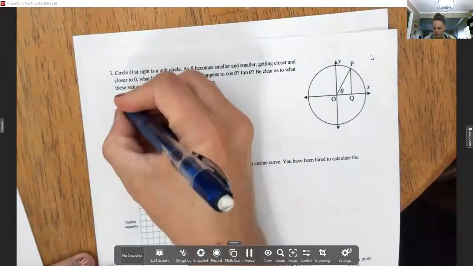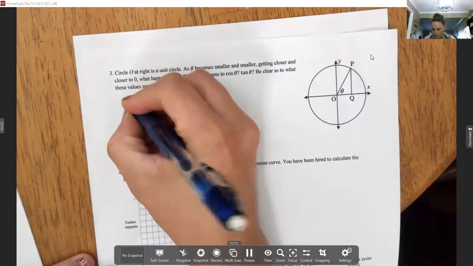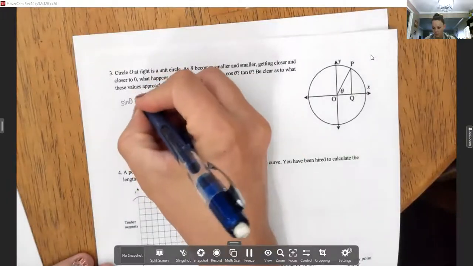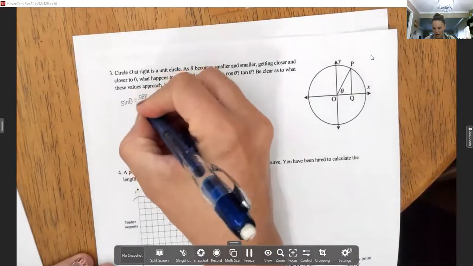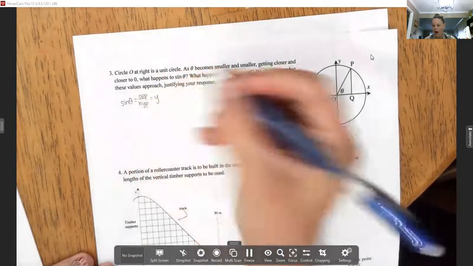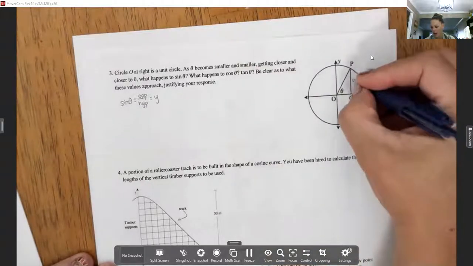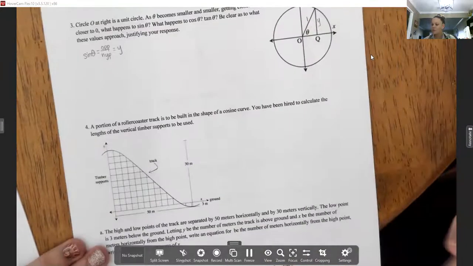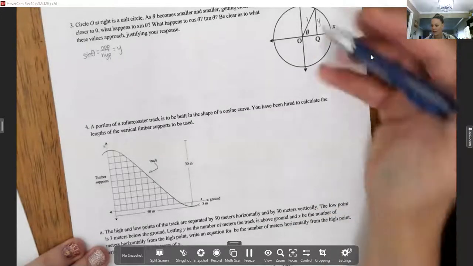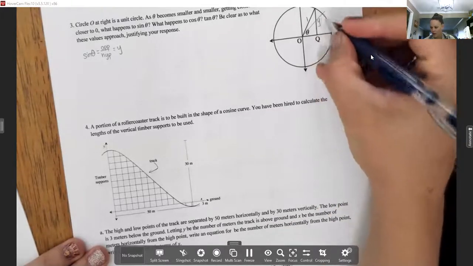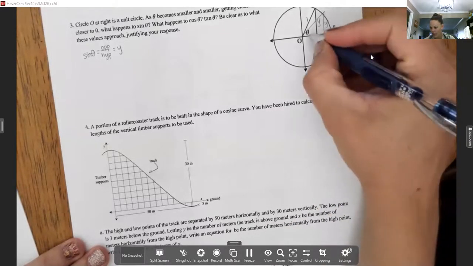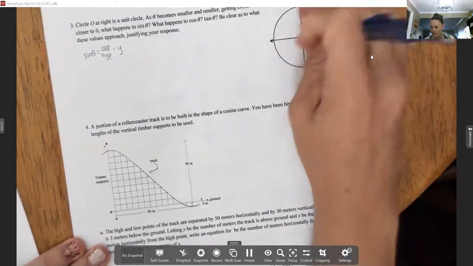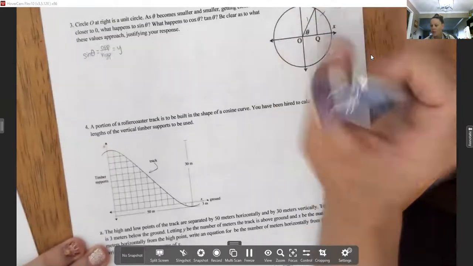So sine of theta we know is opposite over hypotenuse, or would just be y in this case, because the hypotenuse is 1. As theta gets smaller, we'd have this triangle, then this triangle, then this triangle. It's kind of messy writing all those y's, but we're looking at the height.